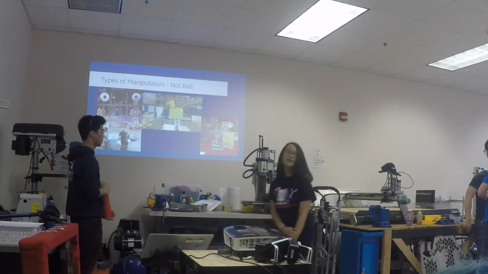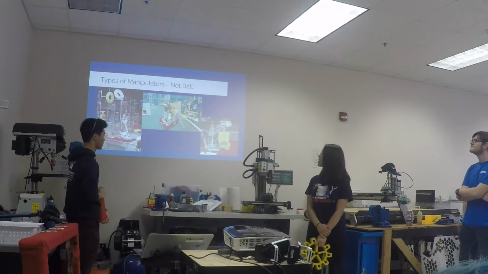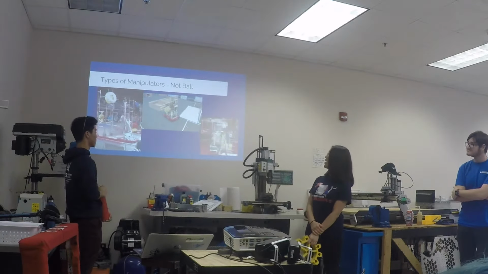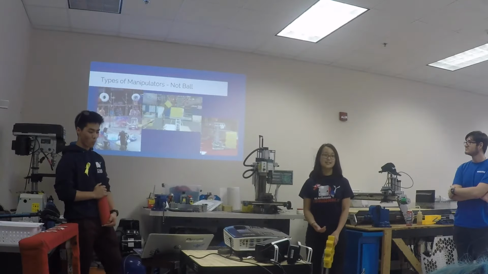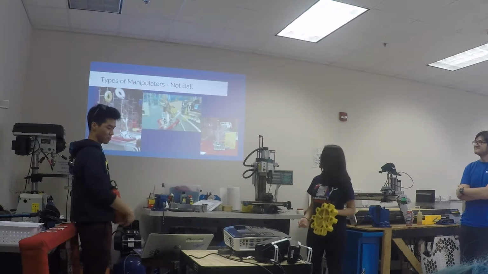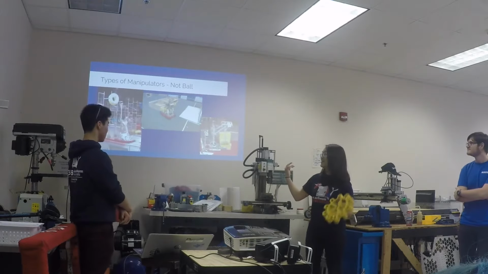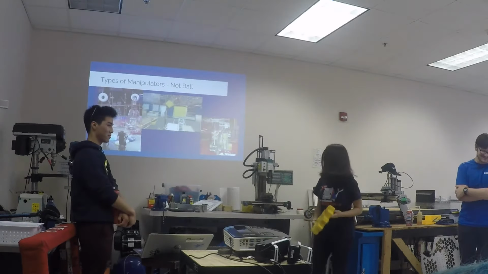The second type of manipulator is for the non-ball objects. In this case, it can be cubes like we had last season, or gears, or totes, or trash cans. Yes, trash cans.